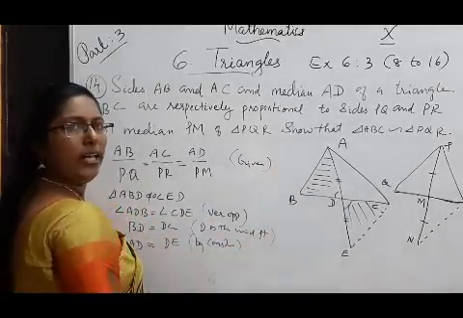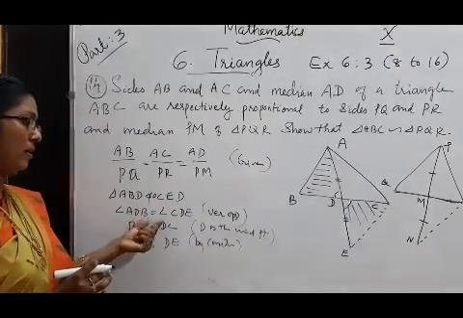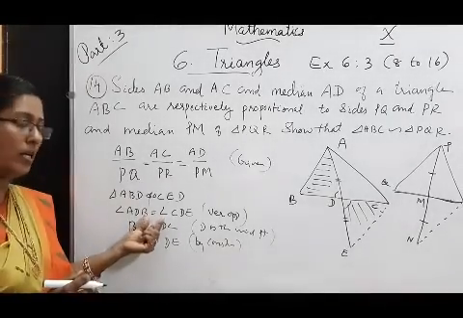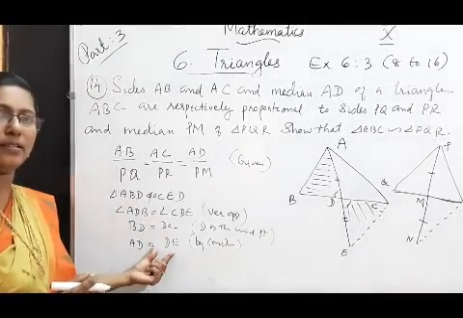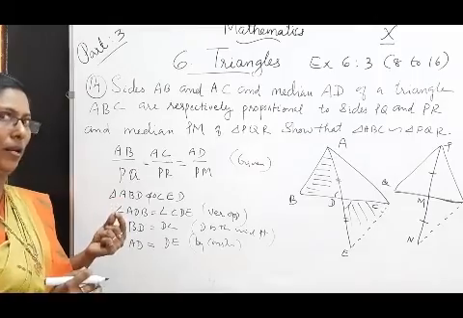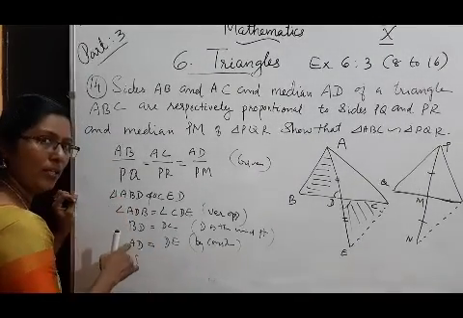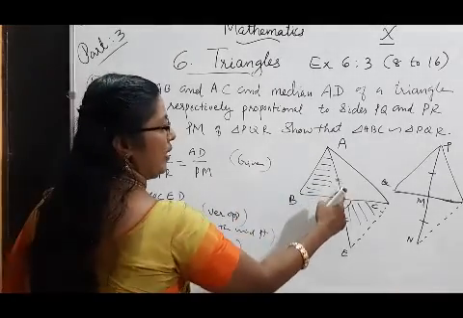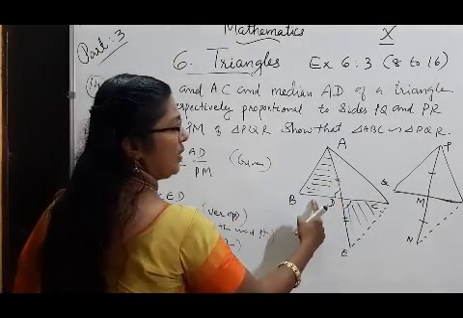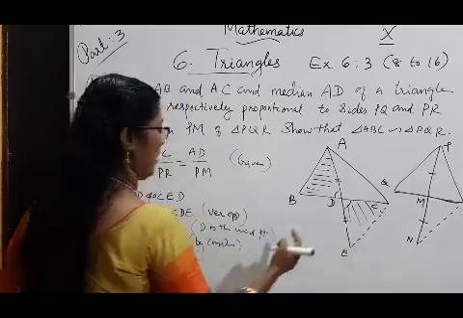AD equals DE. Okay, here one angle is equal, and then the sides are equal. That means by SAS, this side, including angle, and this side.